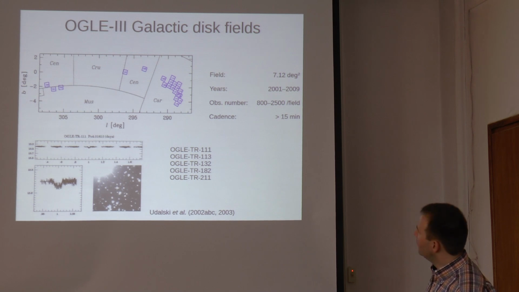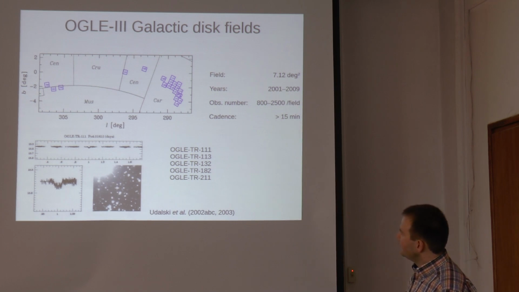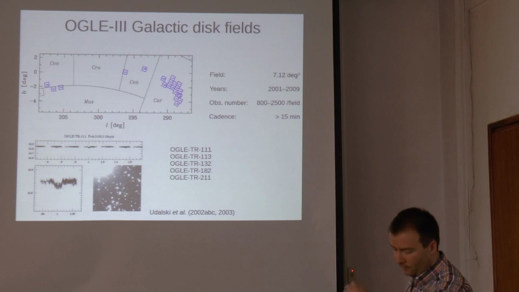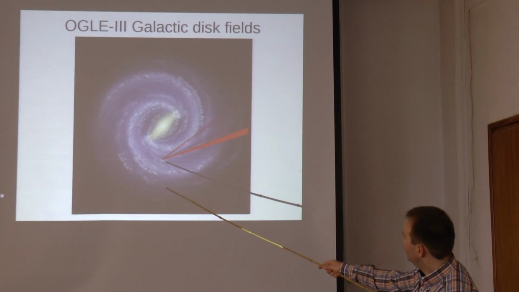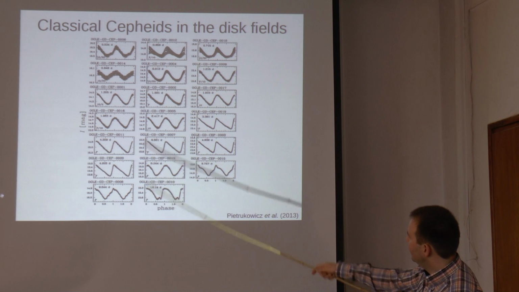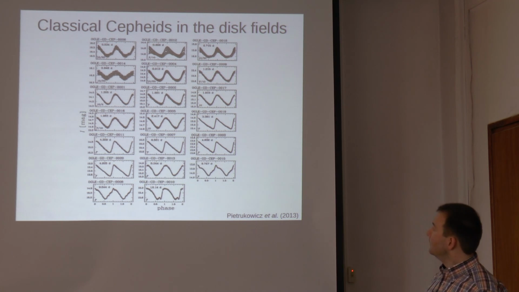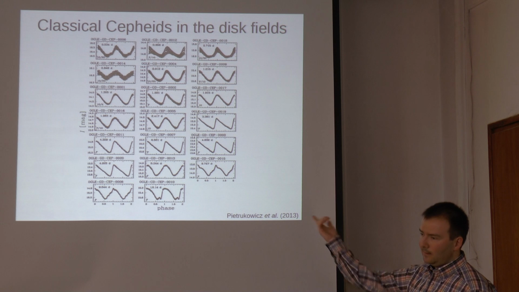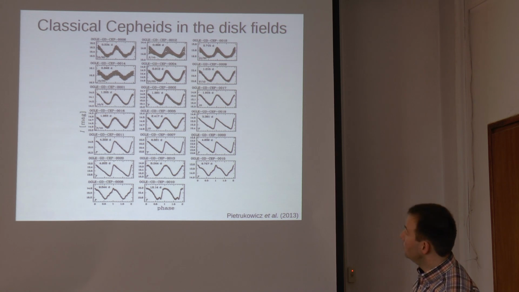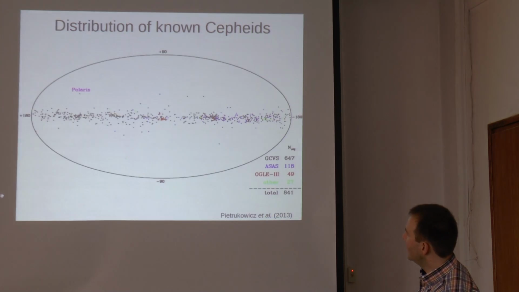And some other results from OGLE, this time from the third phase. So I looked for any kind of interesting objects, variable objects in that direction. This is 60 degrees off the galactic center, this location, and I found some classical Cepheids, and these classical Cepheids will be used to find the structure of the stars in the galactic disk.